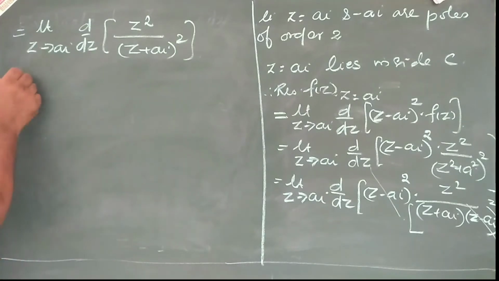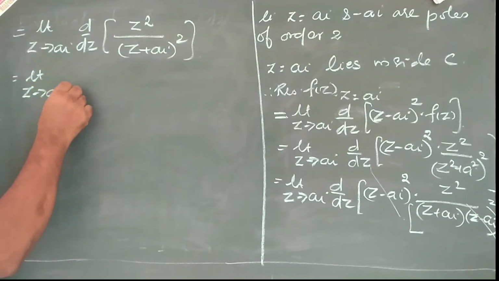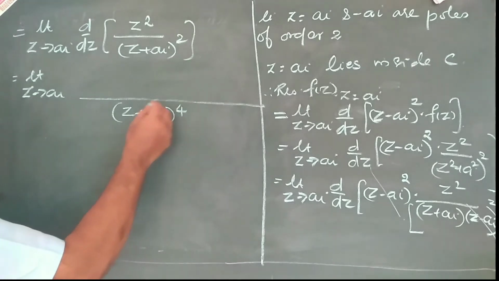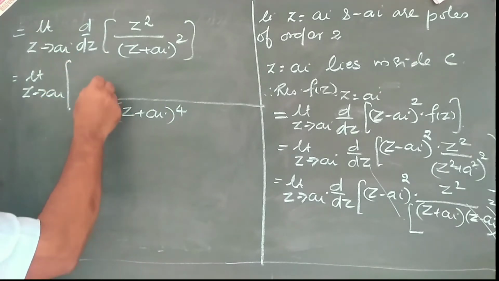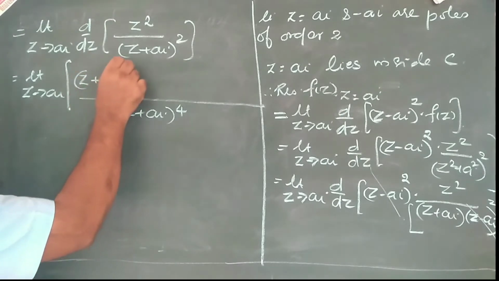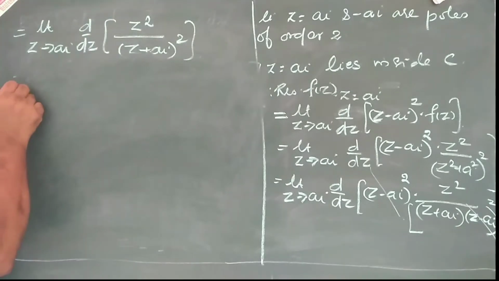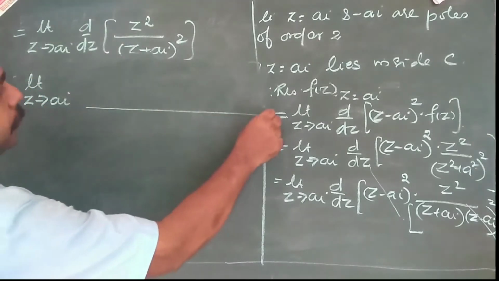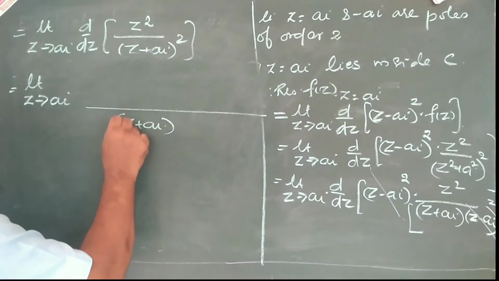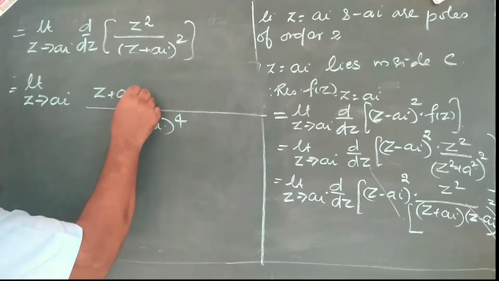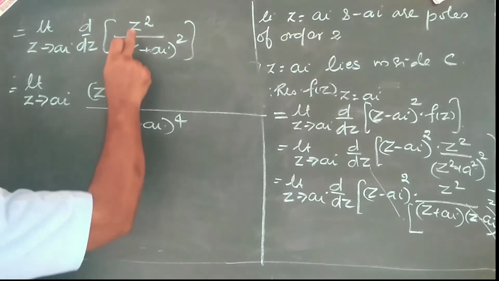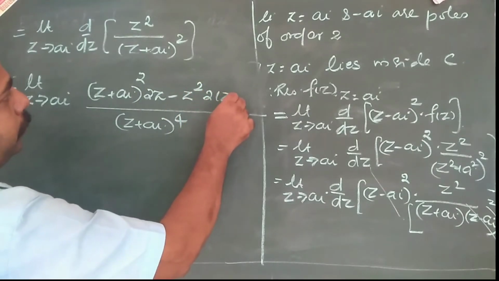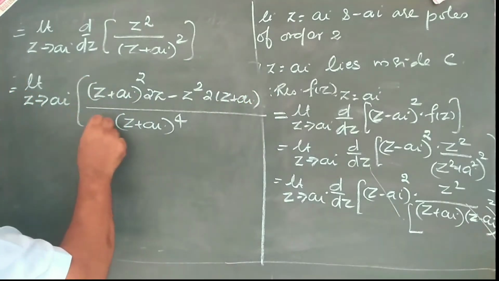Now differentiate. So this is equal to what? That is limit z tends to ai, z plus ai the whole raised to 4, z plus ai the whole square, denominator into numerator differentiation minus numerator into denominator differentiation.